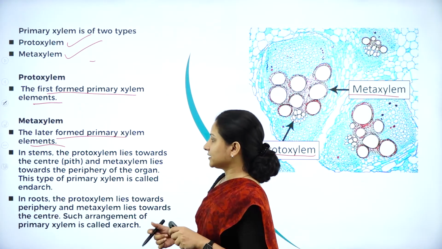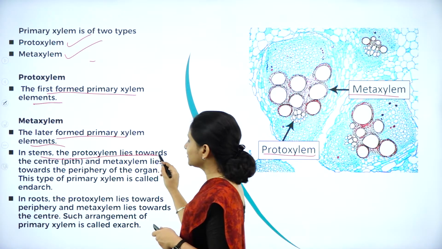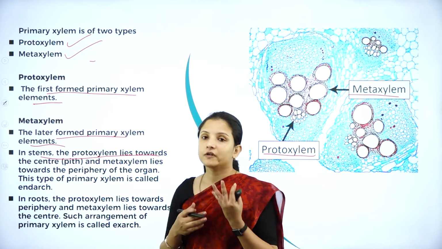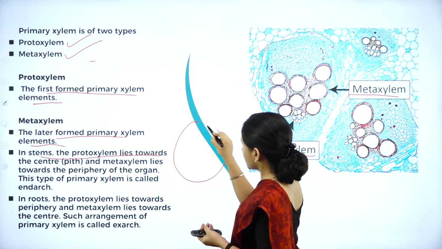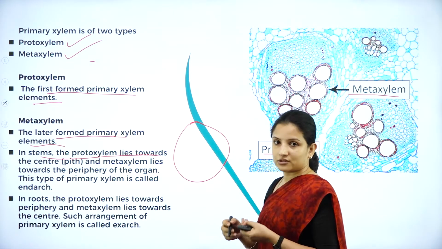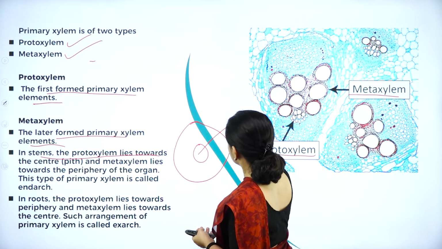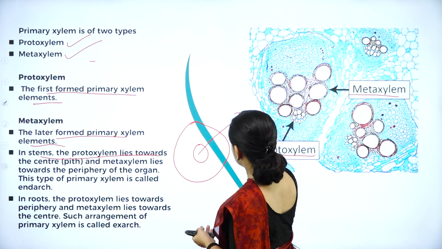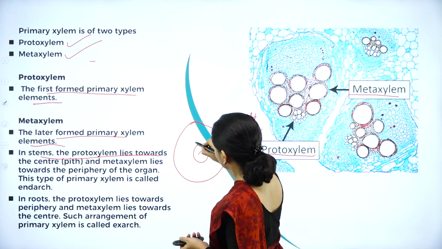In stems, the protoxylem lies towards the center. So when we take a cross section of the stem, say for example, the stem usually looks cylindrical. If this is the pith region of the stem, the protoxylem actually lies towards the pith.